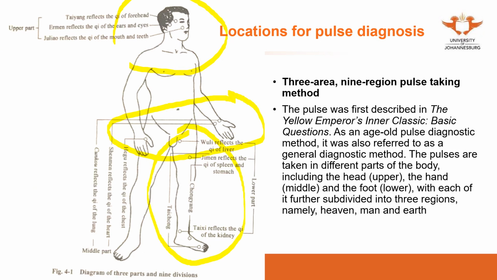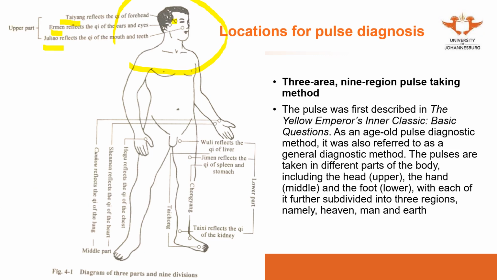In these three regions, we find superficial arteries, where we can feel the beating from the skin. We feel these three areas.